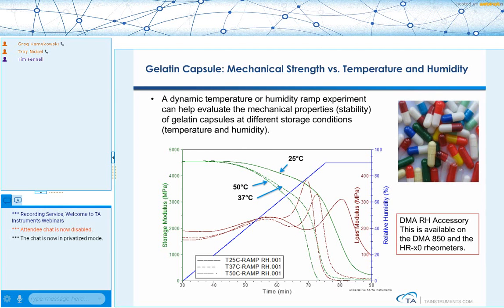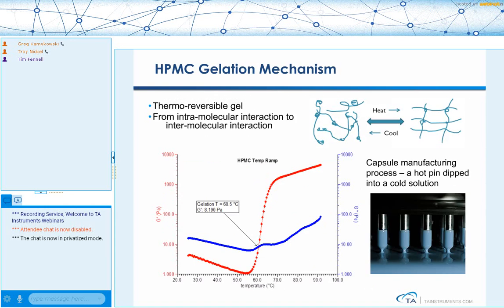And you can see how going to the higher humidity plasticizes the material, and we get a drop-off in the mechanical strength of the material. So that's important to note when it comes to gelatin capsules and a number of other things as well.